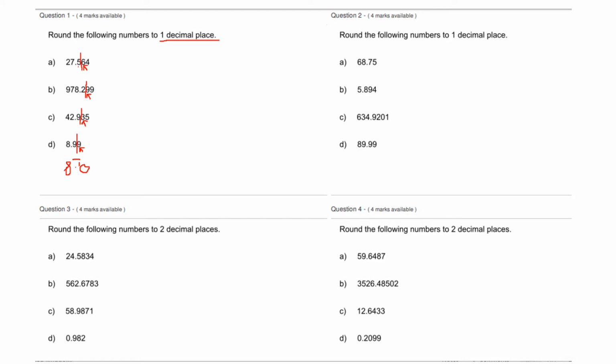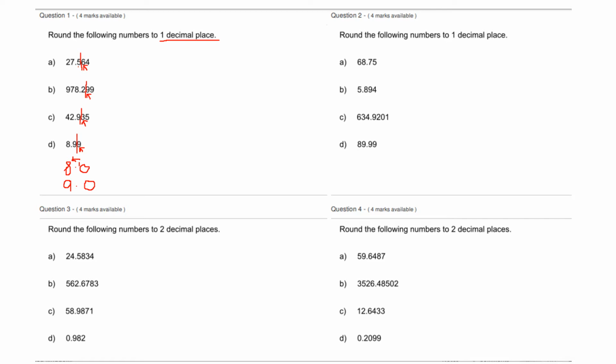So we bump that 1, we carry that over to here. So you're going to get 9.0, and it's really important that you write that 0, because the question's told you it wants the answers with 1 decimal place. So if you just write 9, even though it's got the same value, it's not going to be correct. You need to have that 1 digit after the decimal point.